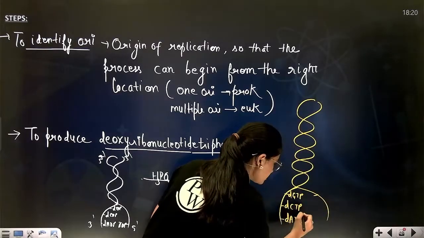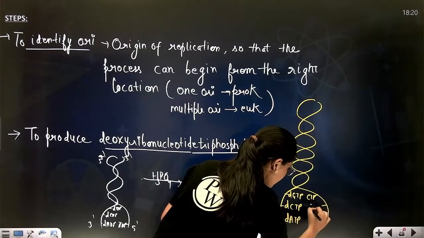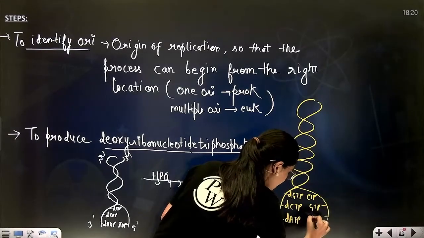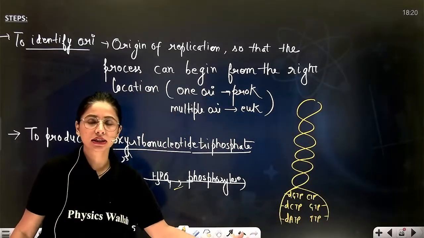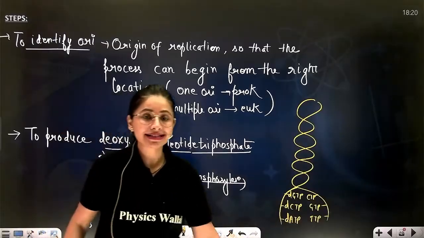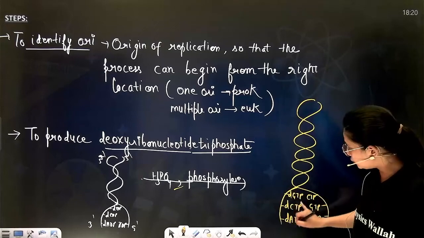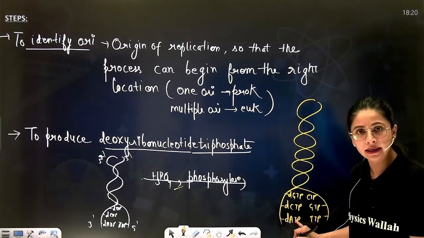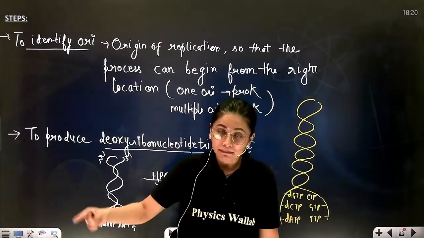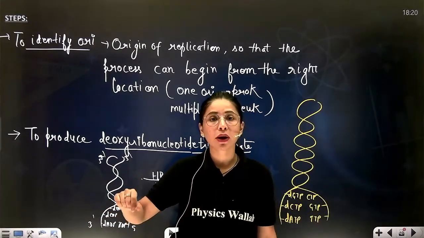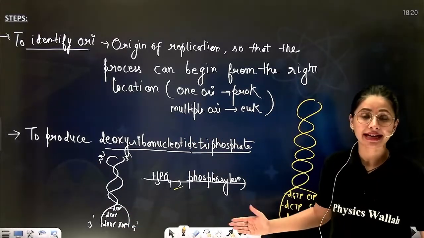In front of GTP on the other strand will be CTP, in front of CTP, GTP, in front of ATP, TTP. That means you have made the strand now energetically expensive. There are two reasons why we have done this. Because now these nucleotides on the parental strand, first of all, will act as the substrate for the new daughter strand synthesis. Plus, new daughter strand synthesis requires energy.